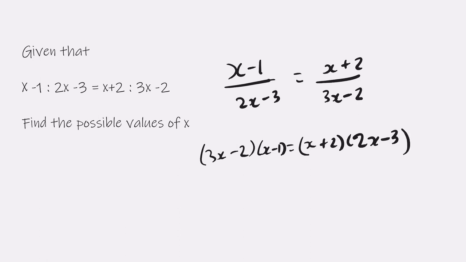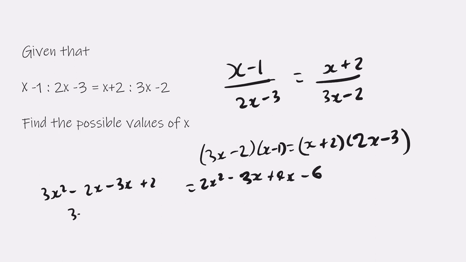So now we can expand both sides. The left-hand side expanded would be 3x squared minus 2x minus 3x plus 2 equals 2x squared minus 3x plus 4x minus 6. So 3x squared minus 5x plus 2 equals 2x squared plus x minus 6.